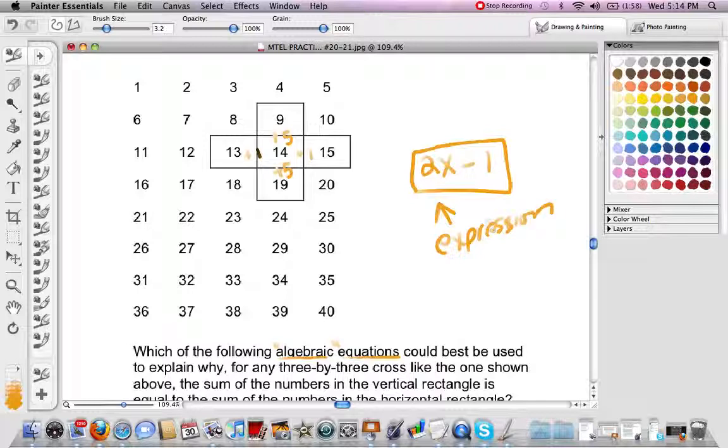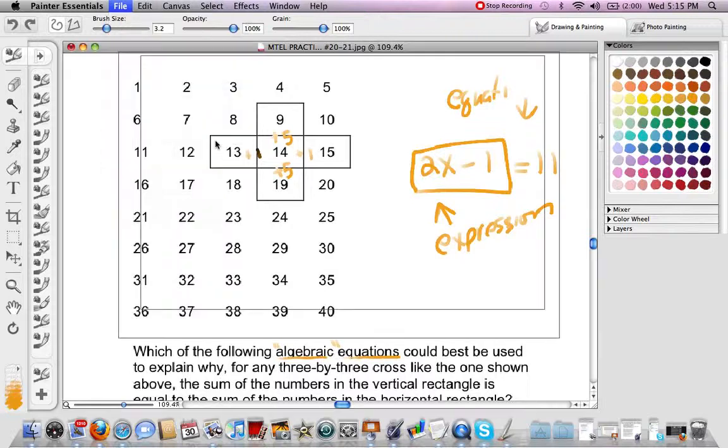It would be an algebraic expression. And if I added an equal sign, oh, now we have an algebraic equation because we have an equal sign and it's equal to something. Okay, I just wanted to take a quick moment and review that.